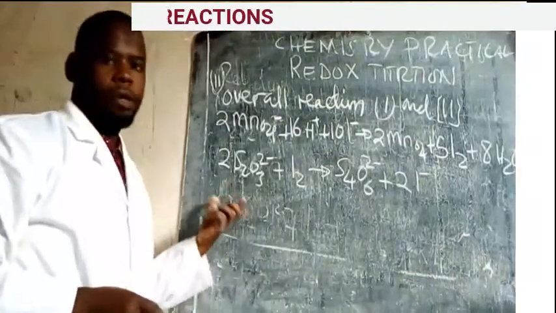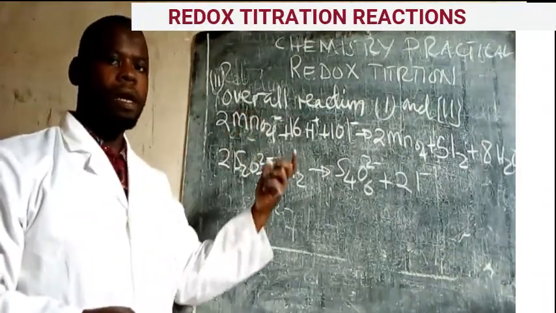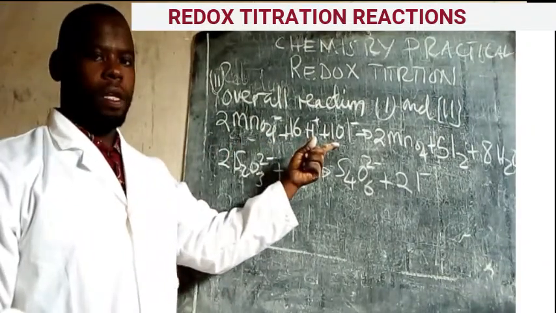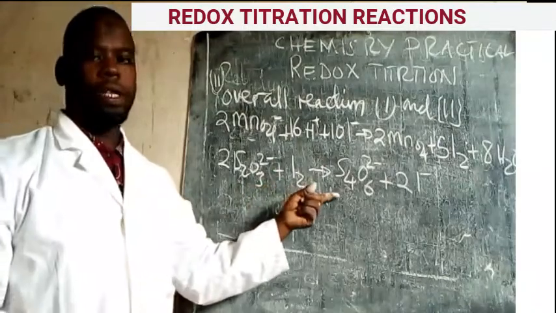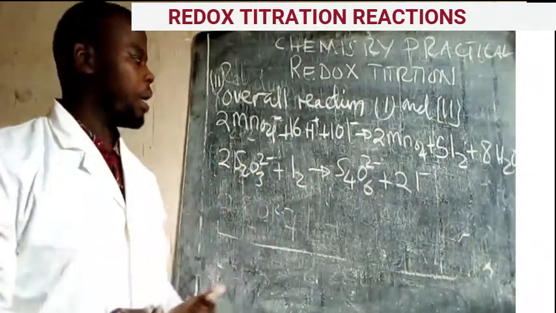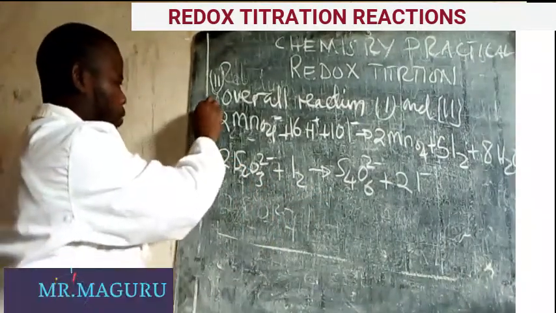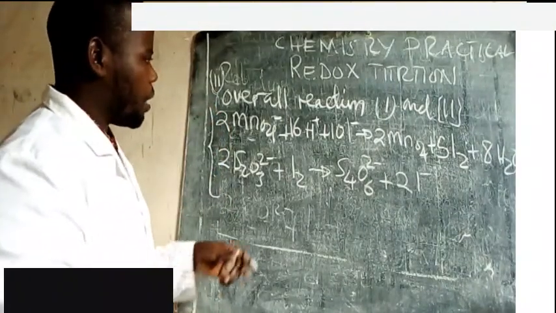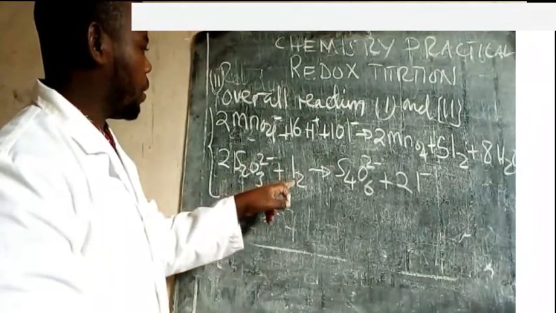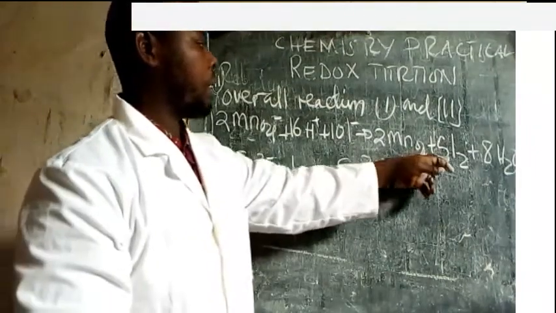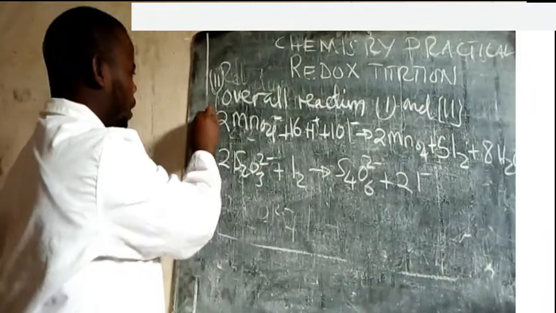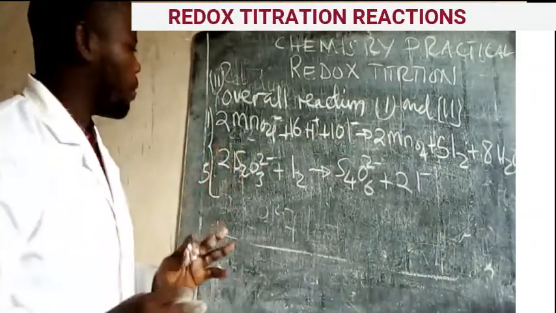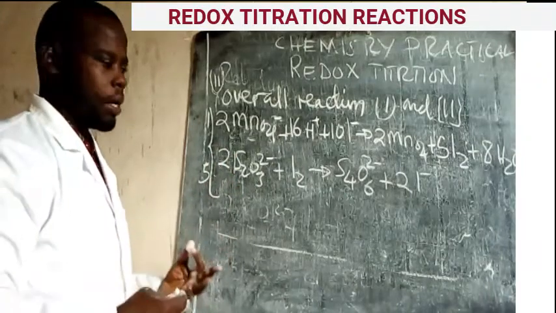So for the net overall reaction between procedure 1 and procedure 2, we have this is overall for the first, this is overall reaction for the second. So we have to combine by this one. What we consider here, we have to look, we have this one and this one. So this will be here and the form will be here. That is how we are going to make the overall reaction.